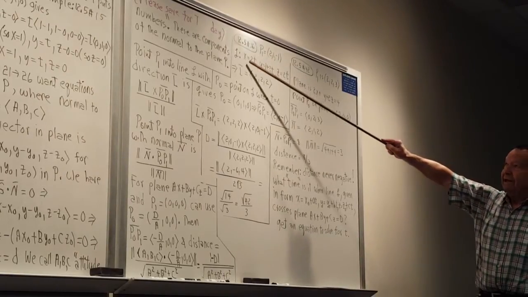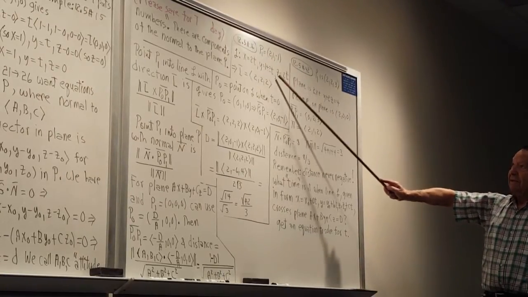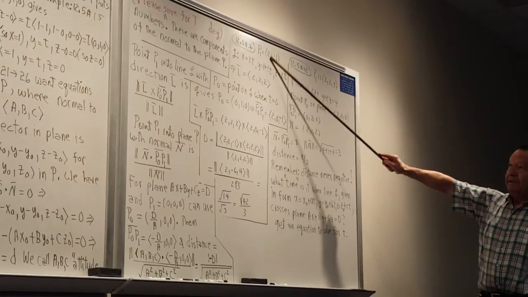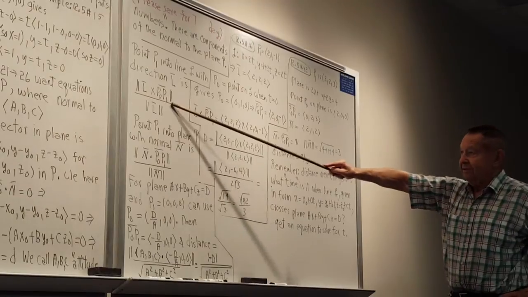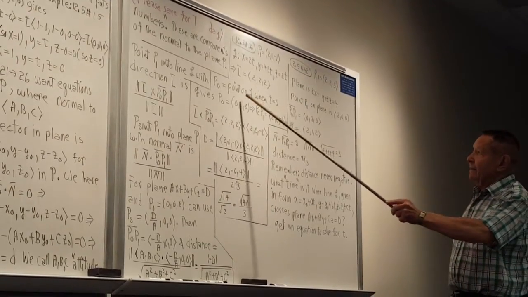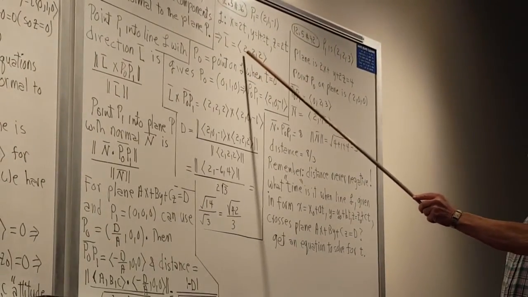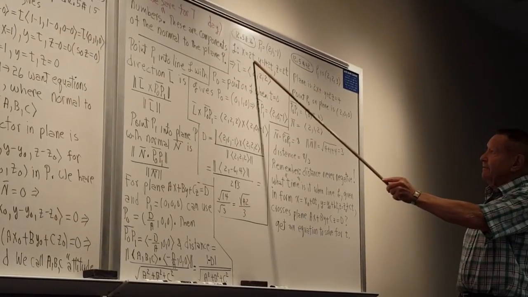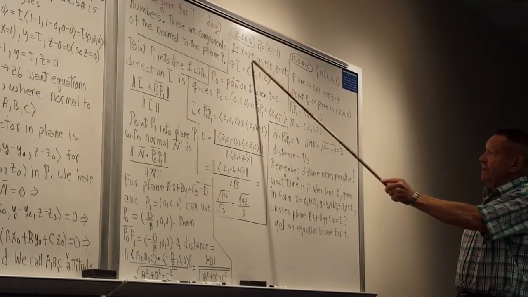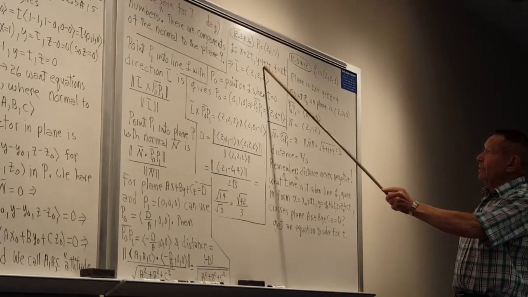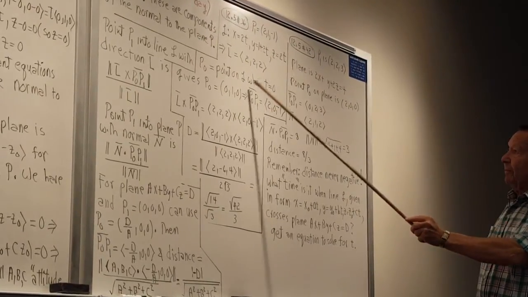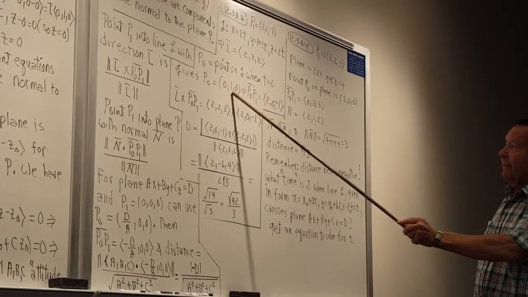So this is a line that's given and a point that's off the line. So that's going to be this formula. And so you have to find a point on your line. So for instance, at t equals 0, you'd have 0, 1, 0 on the line.